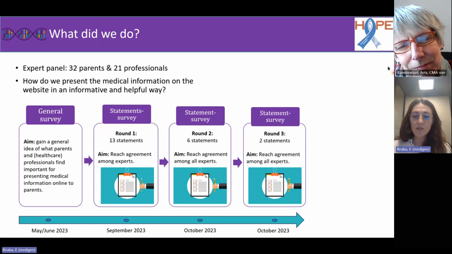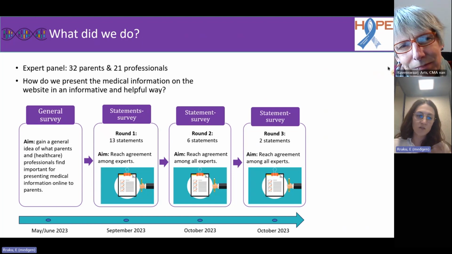And what we did after that is we took these responses and we turned them into statements. For example, we created statements like, issues that have an impact on health should always be reported on the website. In total, we had 13 statements, and for each of these statements, we asked experts to indicate whether they agreed, disagreed, or were unsure about the statements we gave them.